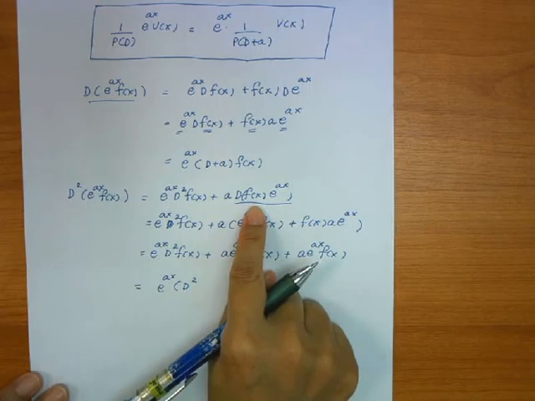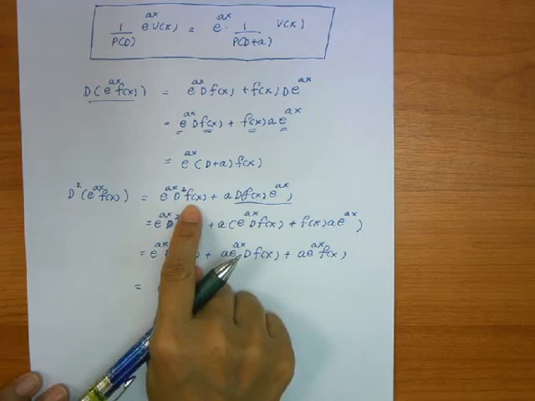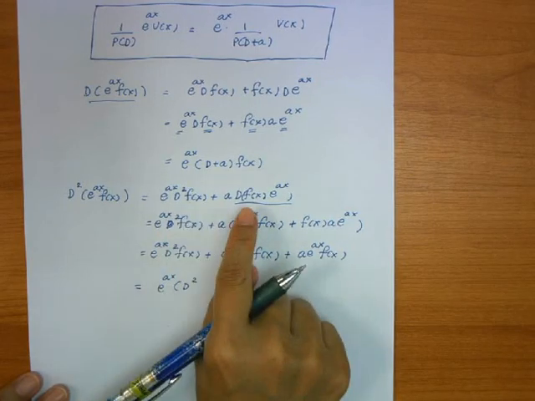It's the second derivative of this one, so you would get exponential, the second derivative of this one, and then plus the first derivative of this one.